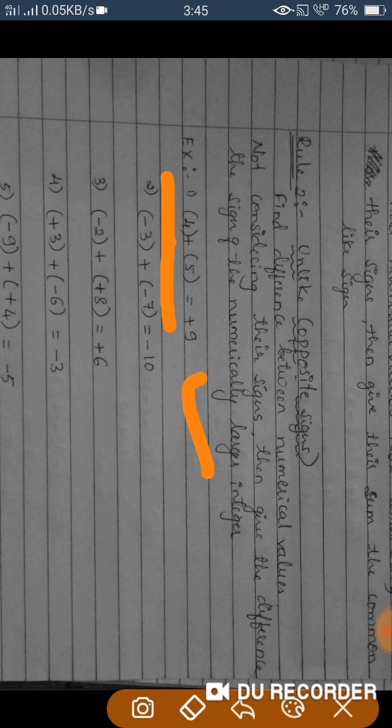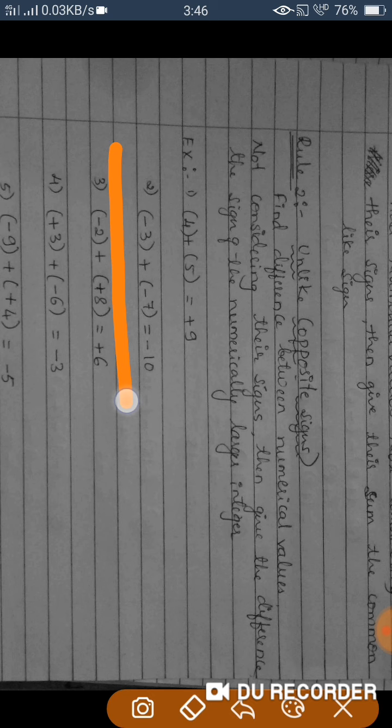Both have a common sign, plus, and in between there is addition. So add the numerals: 4 plus 5. You know all the addition and subtraction of numbers from smaller classes. So 4 plus 5 is nothing but 9, and both are positive, that's why we have kept positive 9.